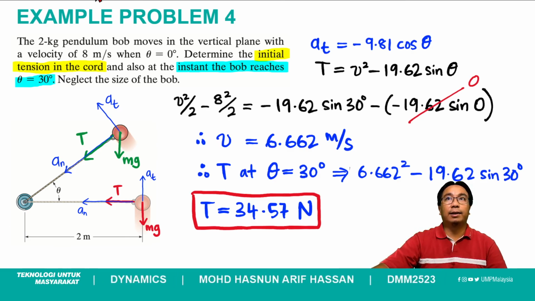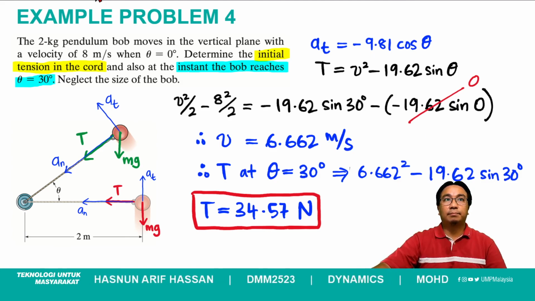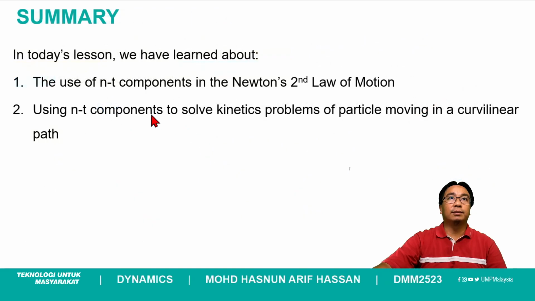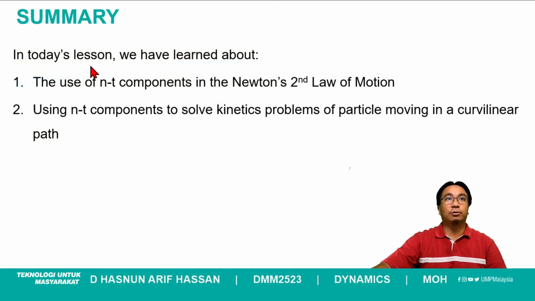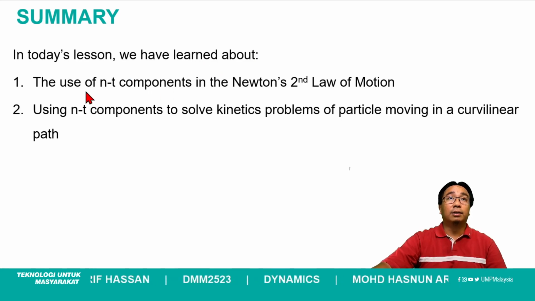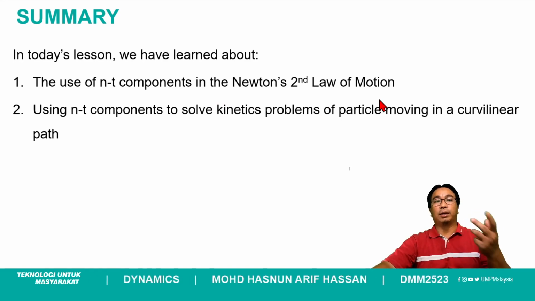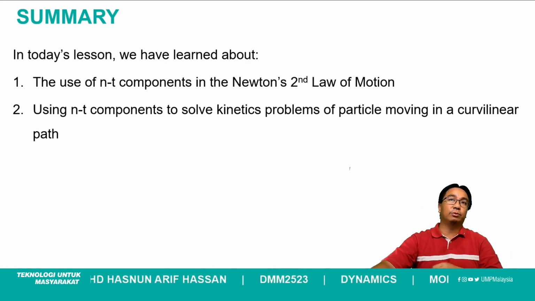Any other questions? None? Okay. So if there's no more question, that will be our class for today. So we have learned about the use of anti-components in Newton's second law of motion. Previously we looked at Fx equal to max, Fy equals to may.